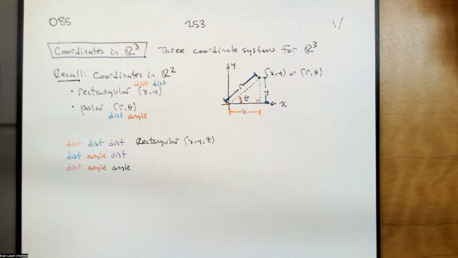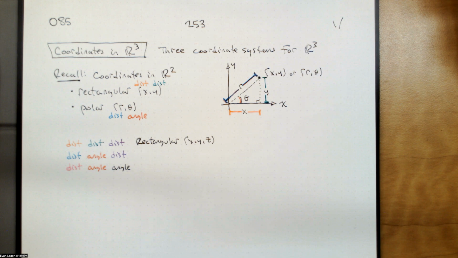The grid for rectangular coordinates is going to be a bunch of rectangles, specifically little cubes if we make X, Y, and Z all with the same unit vector. So we get rectangular boxes.